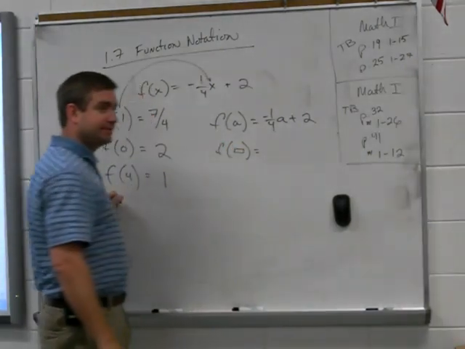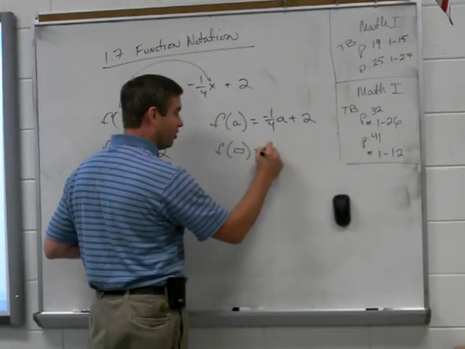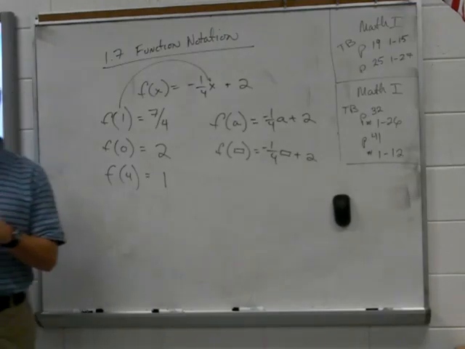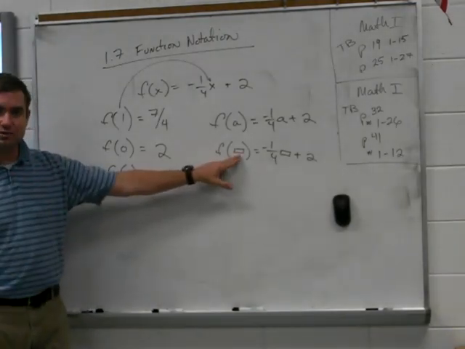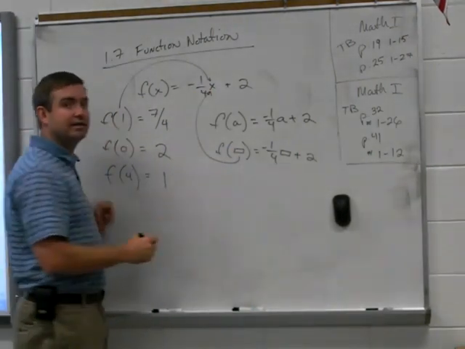F of a red brick. What would an f of a red brick equal? Negative 1/4 red brick plus 2. What I'm trying to instill in your head, guys, is that no matter what goes there, all that happens is that value gets replaced right there.